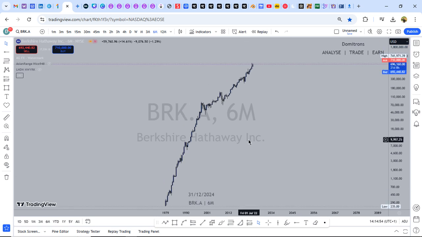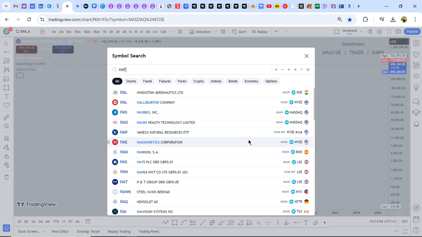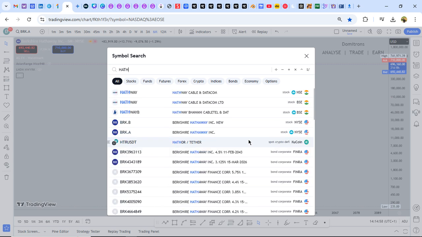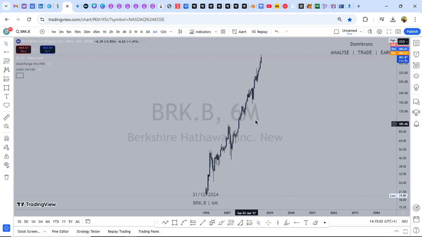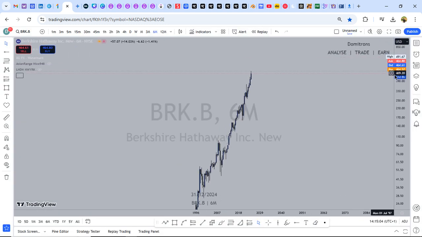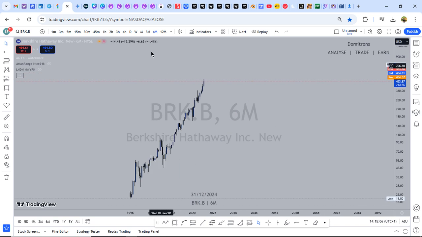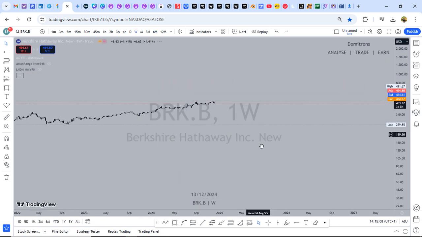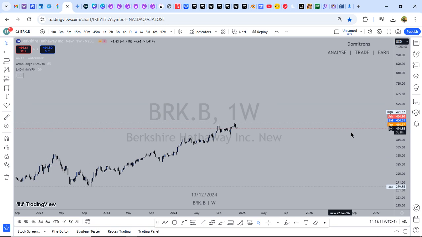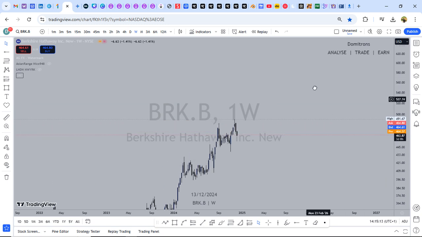So congrats to those that were born that period. All right, so let's look at Hathaway B. I noticed this one came out new. This one is worth $464. The same movement by Warren Buffett, and Warren Buffett is a very great man, for sure.